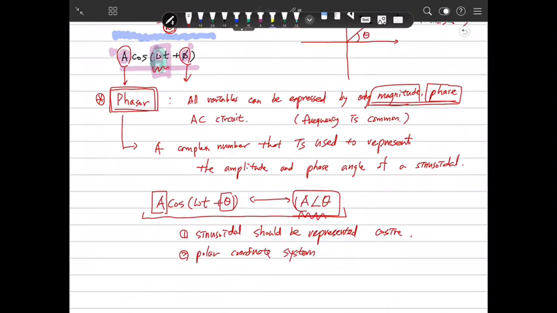So A is the magnitude and theta is the phase angle. We already discussed in the last class how to express current and voltage.